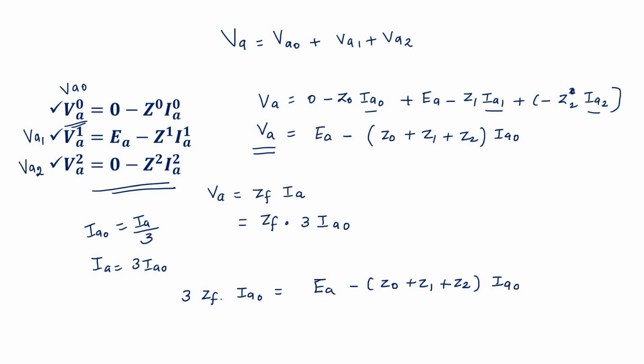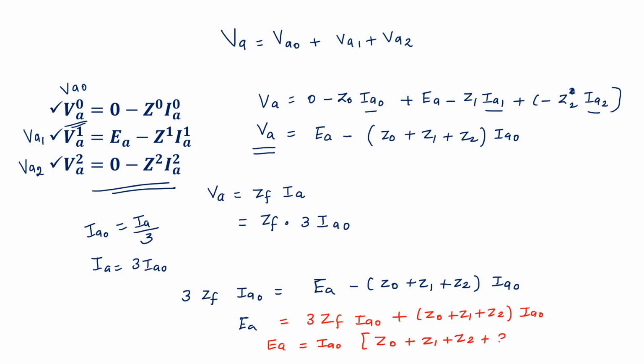From this equation, Ea is equal to 3Zf Ia0 plus Z0, Z1, Z2 into Ia0. So Ea equals Ia0 taken outside, and inside we have Z0 plus Z1 plus Z2 plus 3Zf.